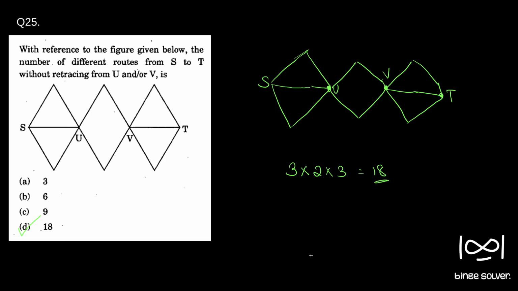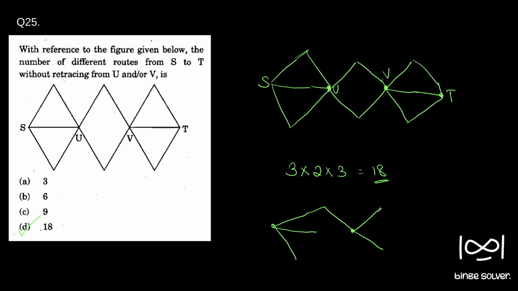In case you have a doubt about why there is multiplication to find the total possibilities, I'll just draw one example. From the first point there are three cases, right? I will just draw the first case. If you choose one, then again there are two possibilities.